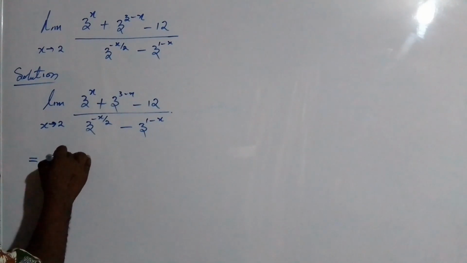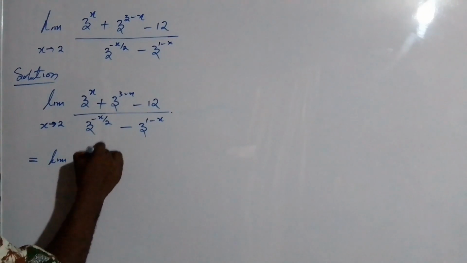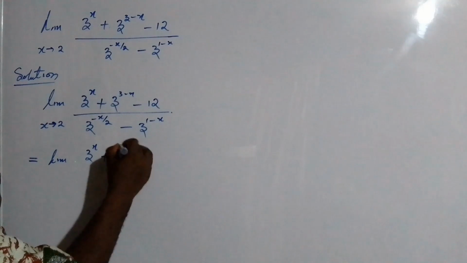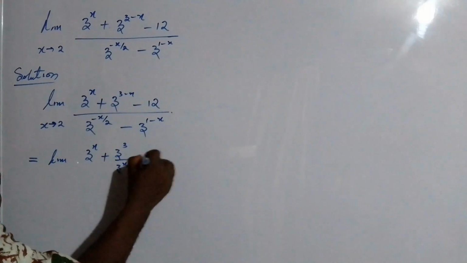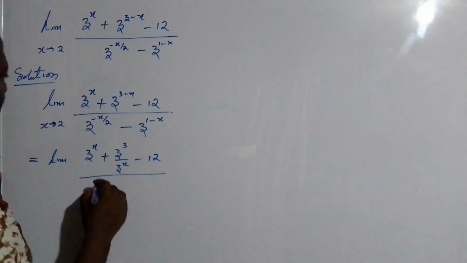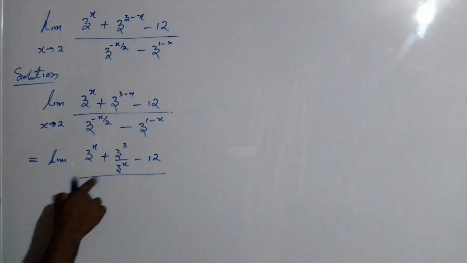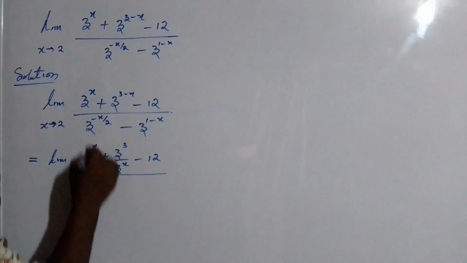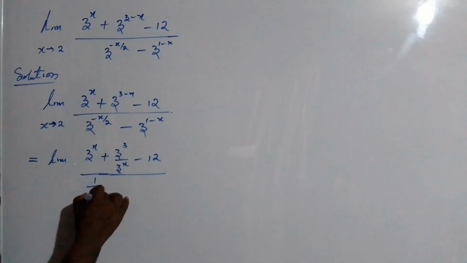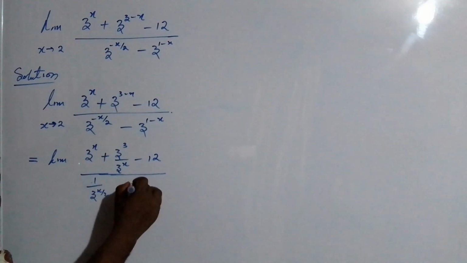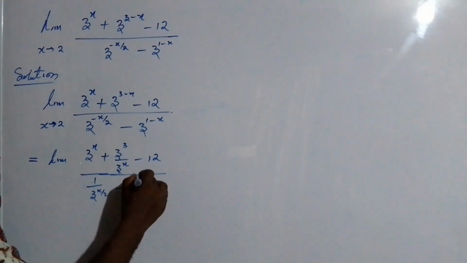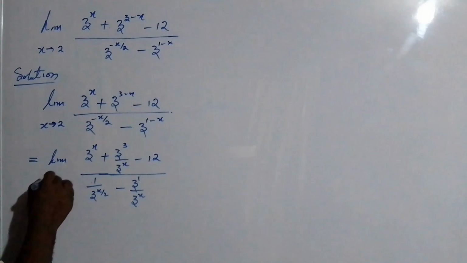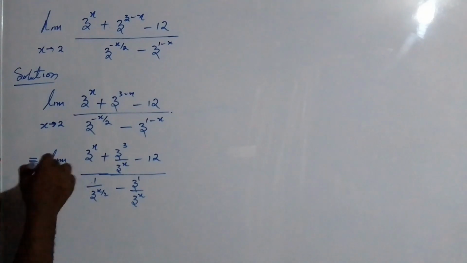I have the limit of 3 to the power of x plus 3 to the power of 3 over 3 to the power of x minus 12, divided by 1 over 3 to the power of x over 2 minus 3 to the power of 1 over 3 to the power of x, as x is tending to 2.